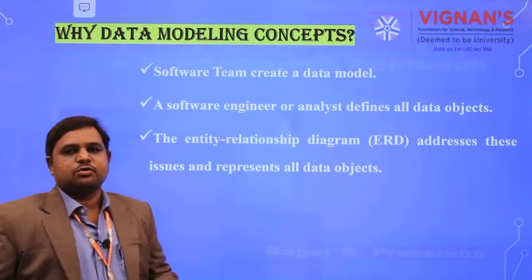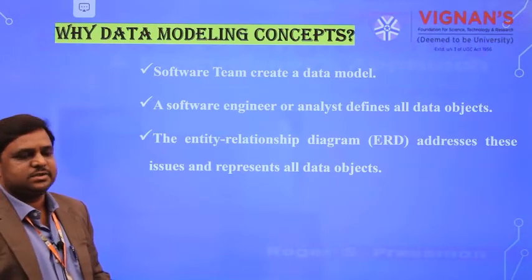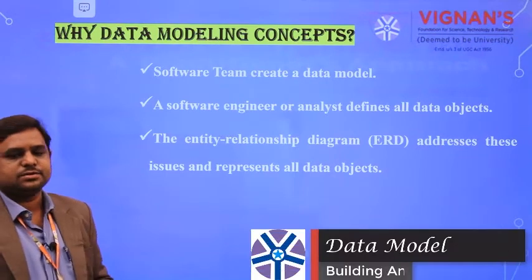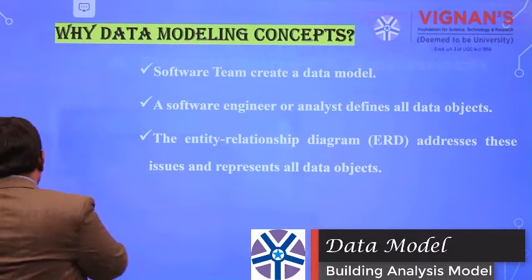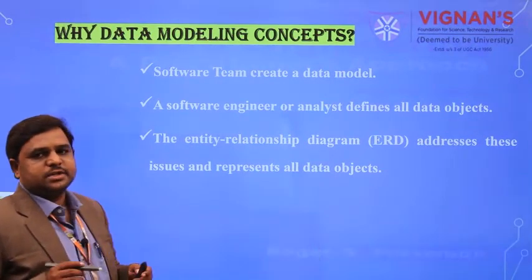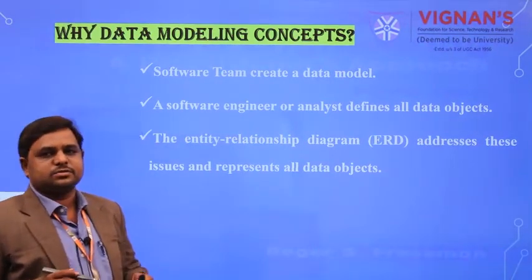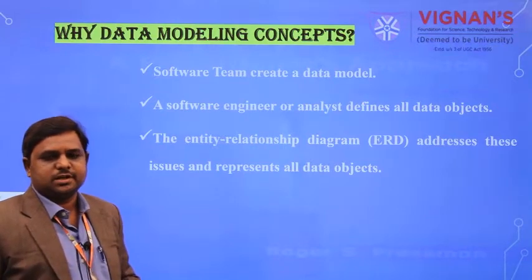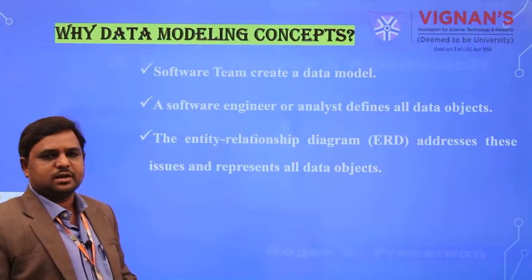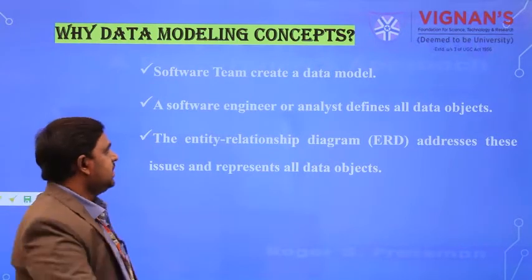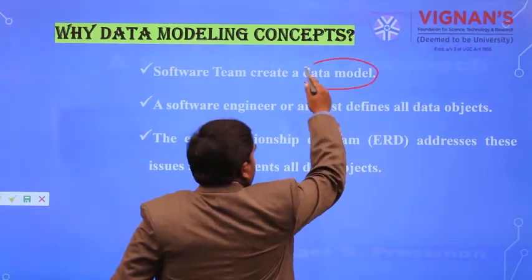And then we use entity relationship diagrams that address the issues and represent all data objects. So what are data objects? If a software engineer comes across a situation where he needs to create complex data structures to construct or manipulate, in that situation we create the data models.